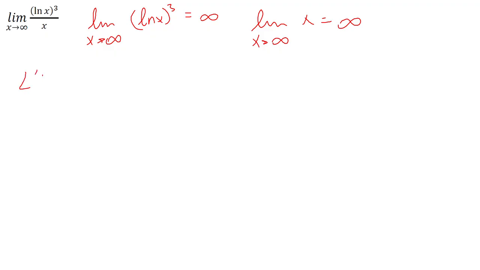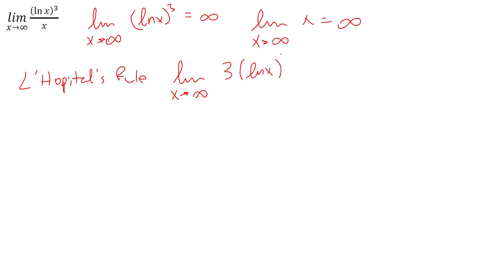That indeterminate form allows us to use L'Hopital's rule, which gives us a limit as x approaches infinity of the derivative of natural log of x cubed, which is u cubed, so it'll be 3 natural log of x squared times the derivative of natural log of x, which is 1 over x, and then all over the derivative of x, which is just 1. And of course, I don't really need to write that over 1, so I'll get rid of that.